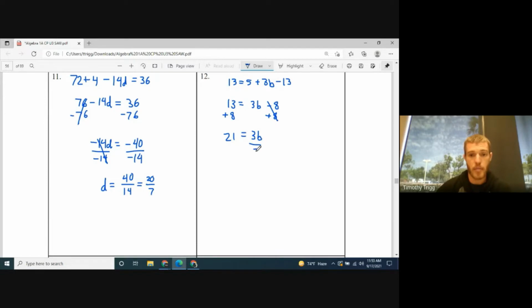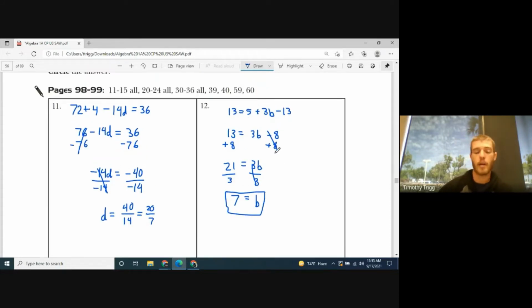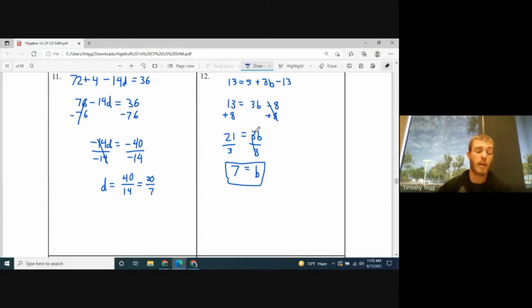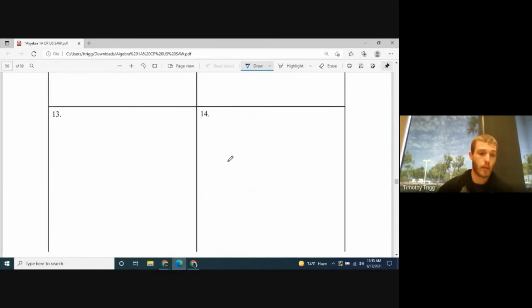Divide both sides by 3 to get b by itself. b is 7. Okay. Now, I want you to keep in mind that we get rid of whatever's adding or subtracting first, then we get rid of whatever's multiplying next. Okay.